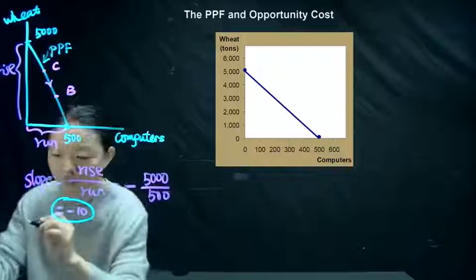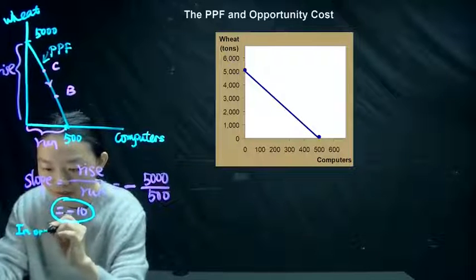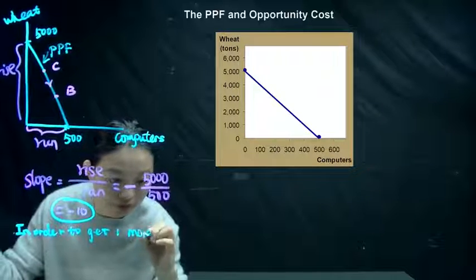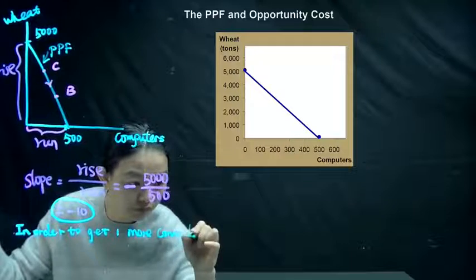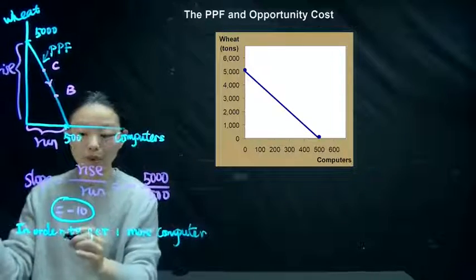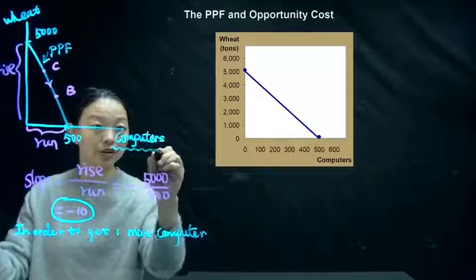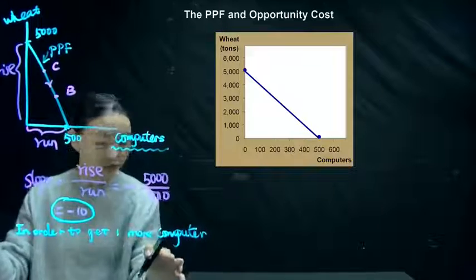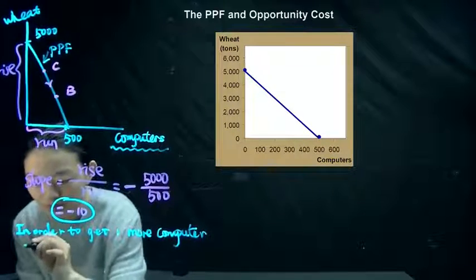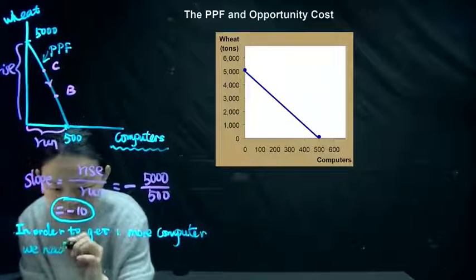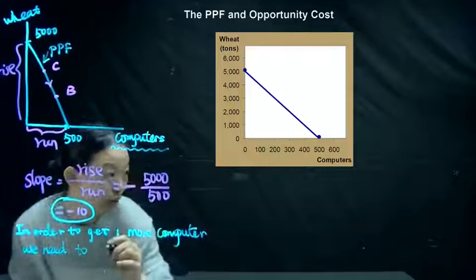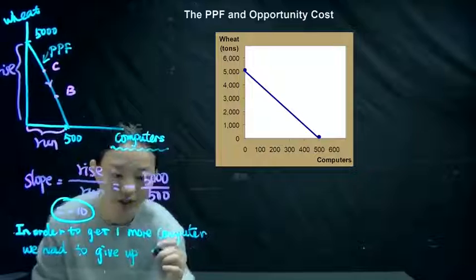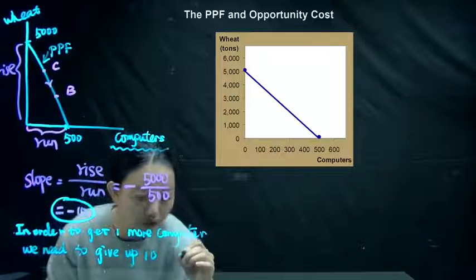It tells you that in order to get one more computer, because we have computers on the horizontal axis, we need to give up or decrease 10 tons of wheat.